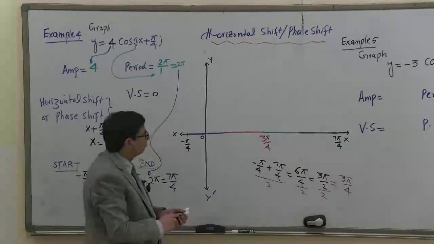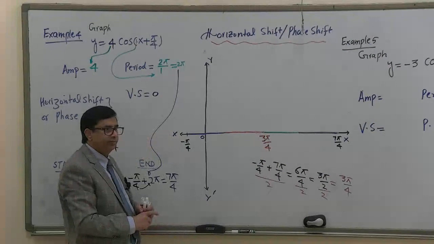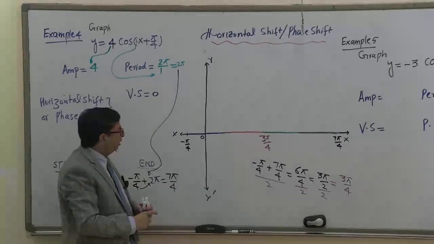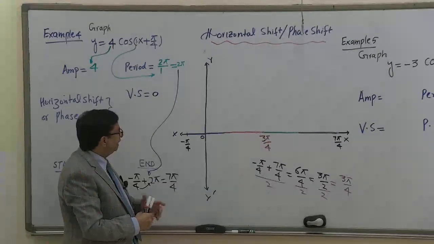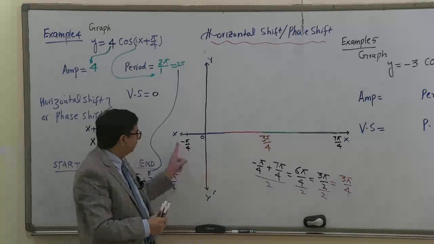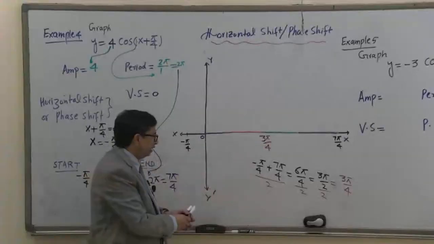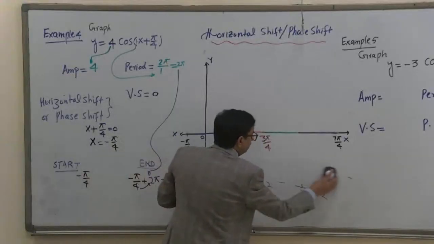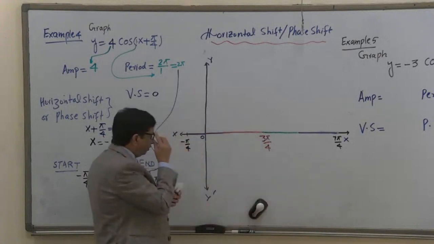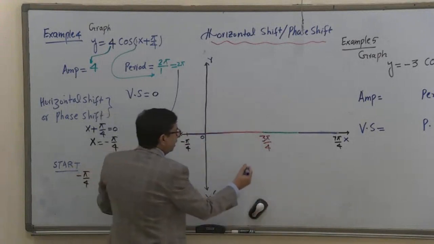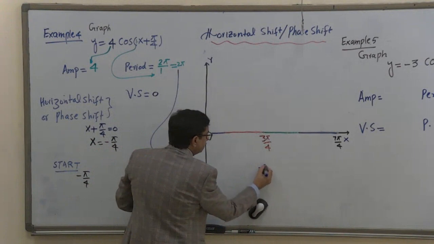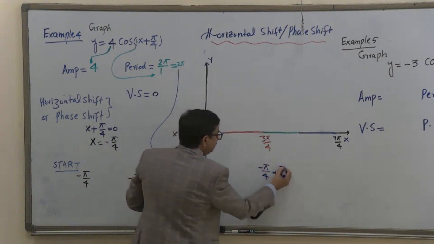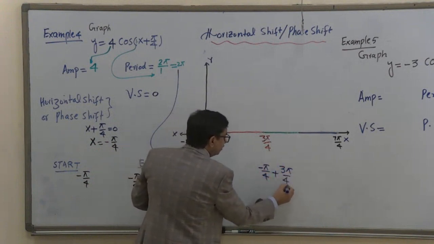Okay. Now, we have to find the midpoint of this interval, negative pi over 4 to 3 pi over 4. The same method we revise over here. We write negative pi over 4 plus 3 pi over 4.